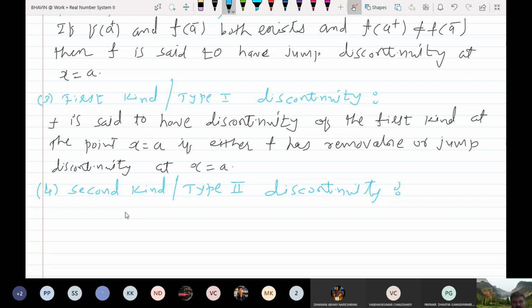What is linearly dependent set? Abhay, yes sir.